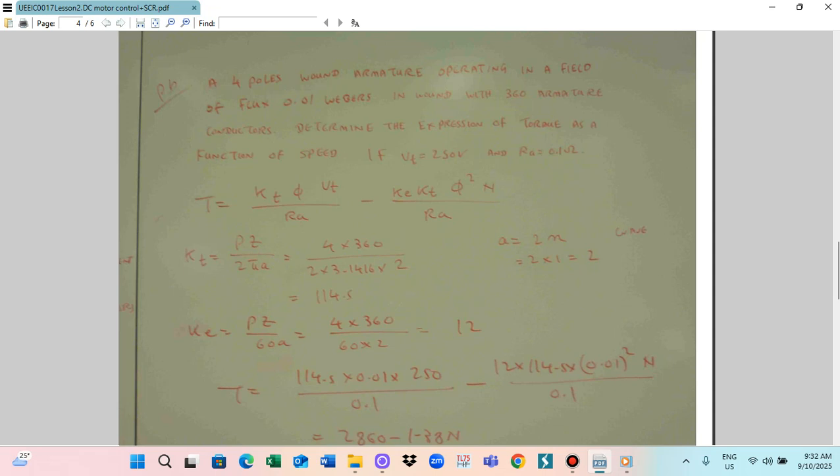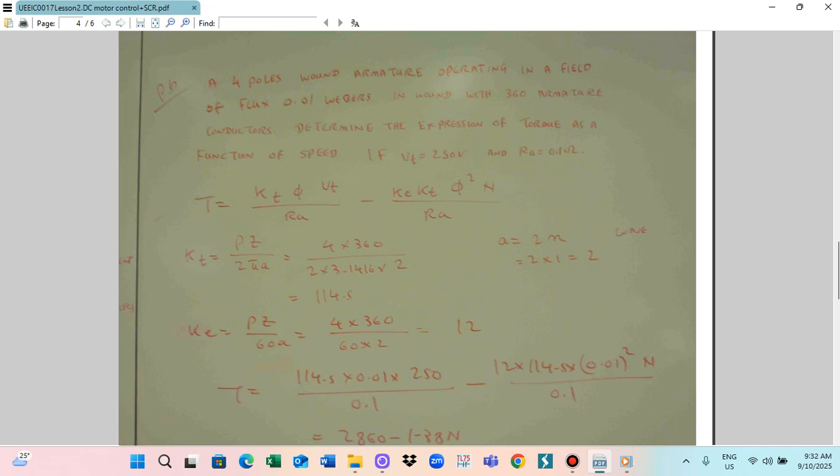So this is PZ divided by 2 pi A. We also need to calculate KE, and KE we can also calculate by formula. This is PZ by 60A. So by this way, we can calculate KE and KT.